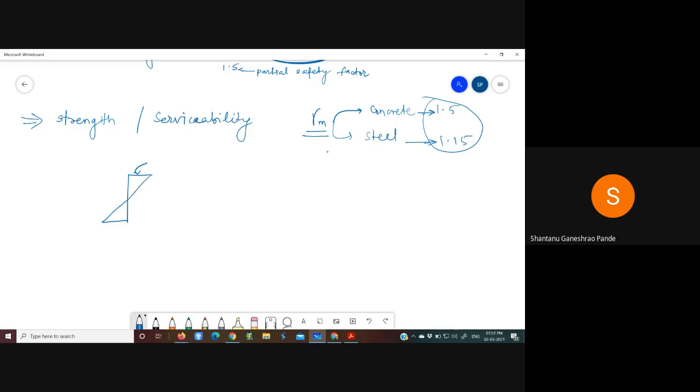The maximum value of this strain is given as 0.0035, whereas for steel this value is given in IS code, and according to that this value should not be less than 0.002 plus Fy upon 1.15 ES. So this is the strain diagram for a reinforced concrete section.